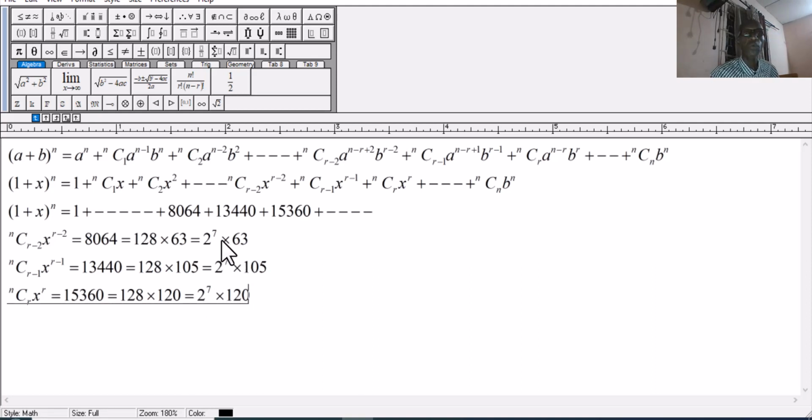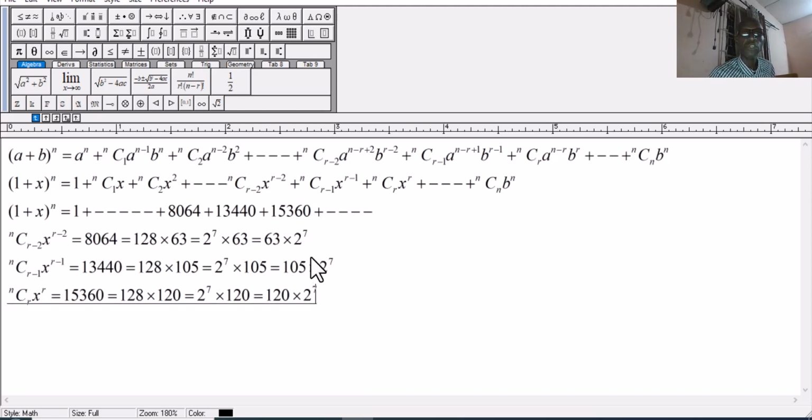Now, from this expansion, let me arrange it like this so that you see what is happening. 63 times 2 raised to the power of 7. The next one, 105 times 2 raised to the power of 7, equals 120 times 2 raised to the power of 7.